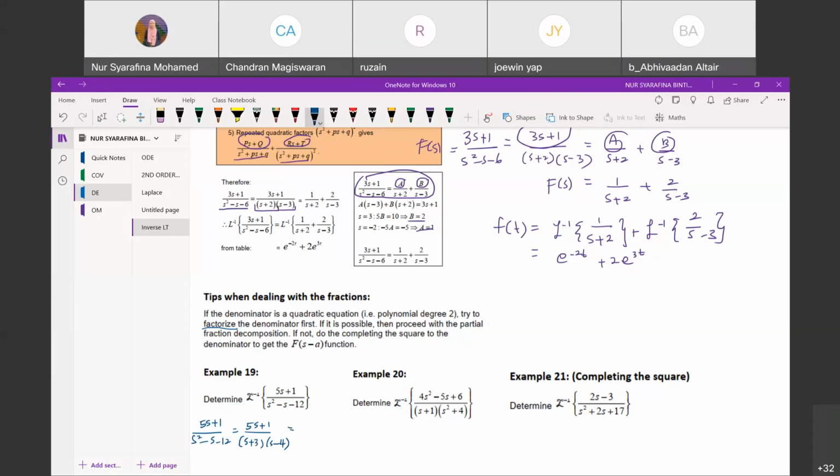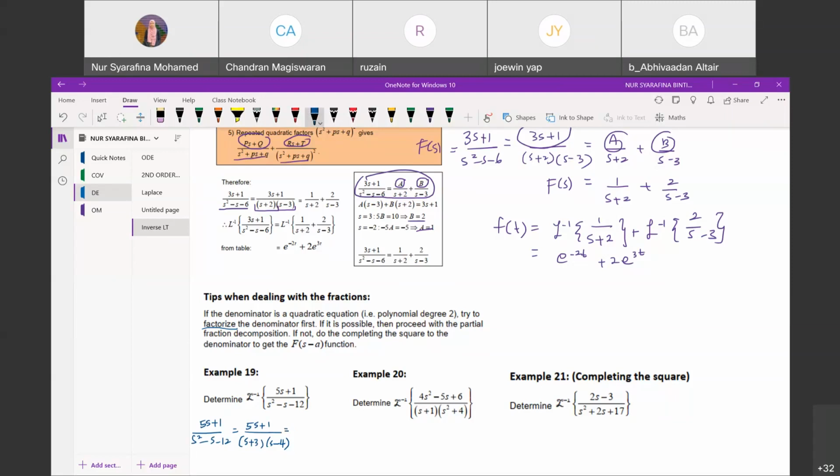So we can decompose to what? What is the denominator here? Anyone?